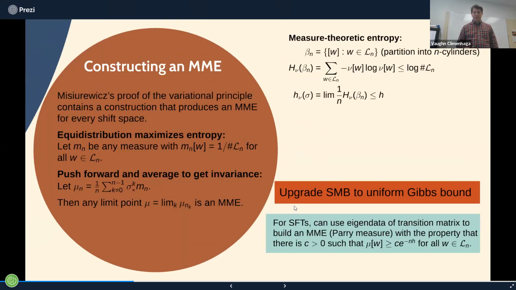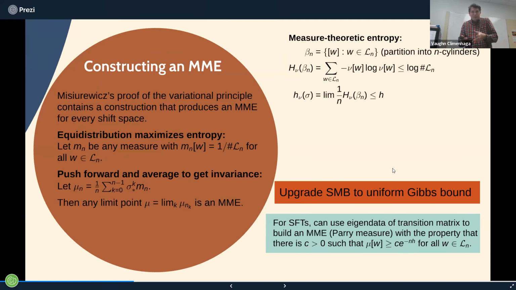It turns out that for a subshift of finite type, there's an alternate construction of the measure of maximal entropy that gives you a uniform bound quite directly. If you have ever seen something called the Parry measure, this is something that you can build for a subshift of finite type using the eigendata of the transition matrix.